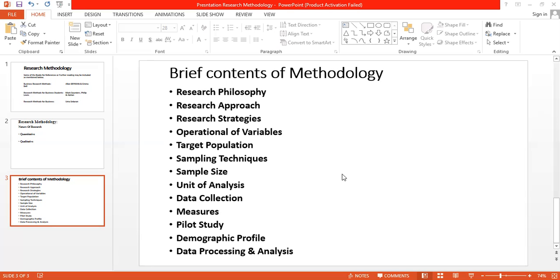As we know, there are two types of philosophies: number one is positivism and the other one is interpretivism. You will explain which methodology you used in your research paper, and which approach you used, either deductive or inductive. What is the logic behind this approach?